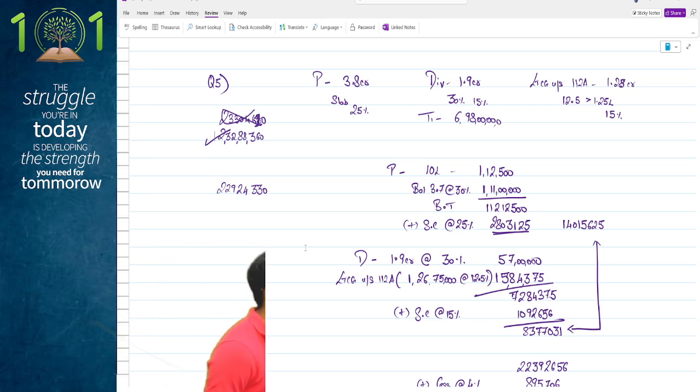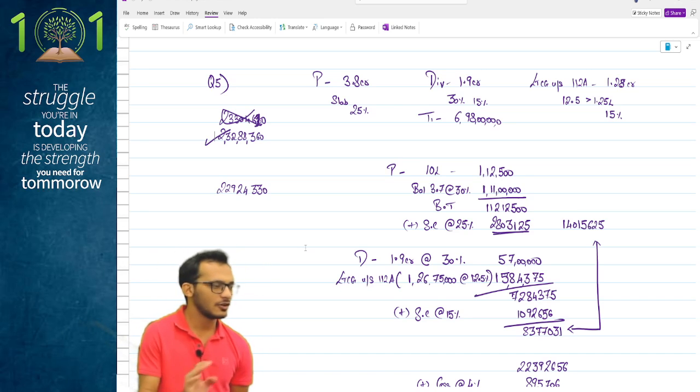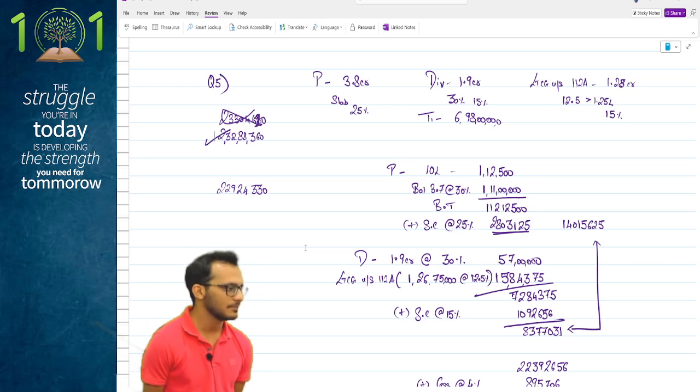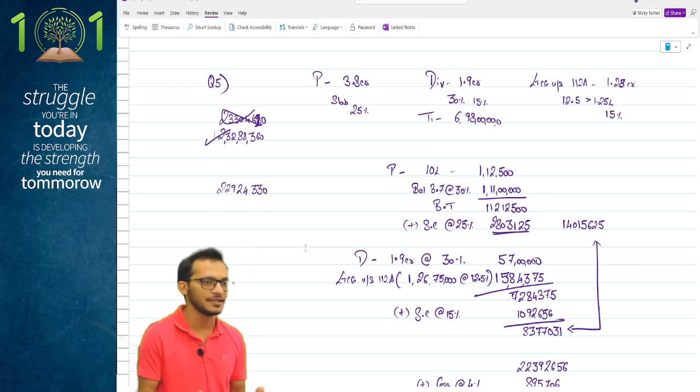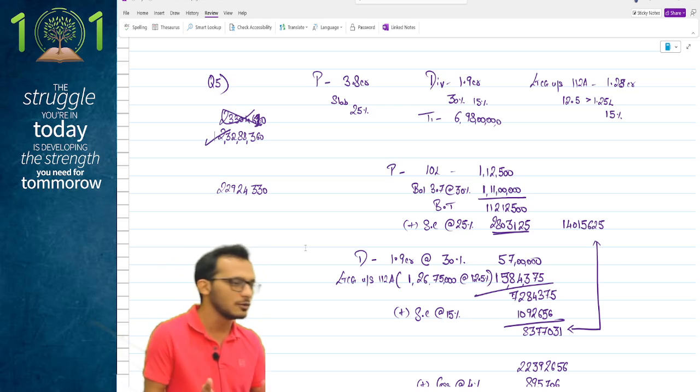Just to clarify, all the questions which we did right now are complicated level questions. These are not the kind of questions which come for the exam, because there is a lot of room for interpretation here. We have tried to answer the kind of questions which normally happen in the practical world, where a provision is not clarified in the income tax, and therefore you're trying to find better answers.